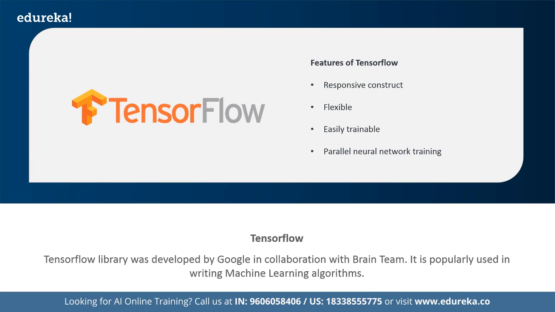Before October 2019, TensorFlow did not support Windows, but after the release of TensorFlow 2.2, we can use TensorFlow even on Windows without any Docker environments. So that is the advanced use of TensorFlow, and this is one of the libraries available in Python. We also spoke about parallel neural network training.